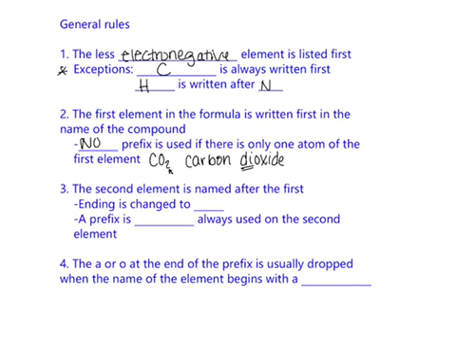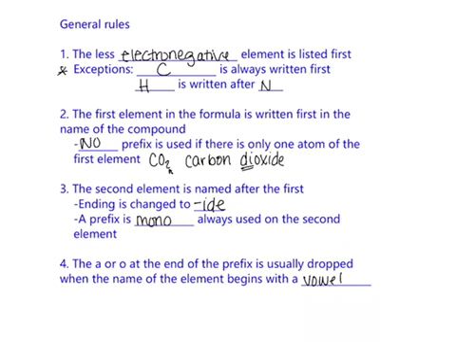The second element is named after the first, meaning it's written second. The ending changes to "ide", and the prefix mono will always be used. An a or an o at the end of the prefix is usually dropped when the name of the element begins with a vowel. That's kind of like the oxide thing.